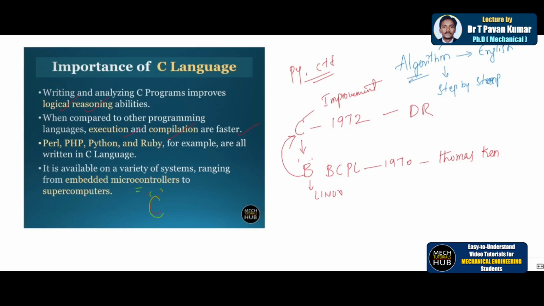Coming to this step-by-step procedure, it will also vary from person to person. It all depends on the perception of the person, the way of thinking. For example, I want to travel from one place to another place.